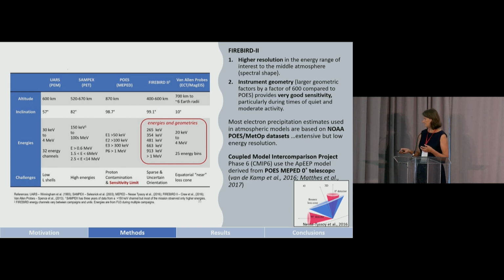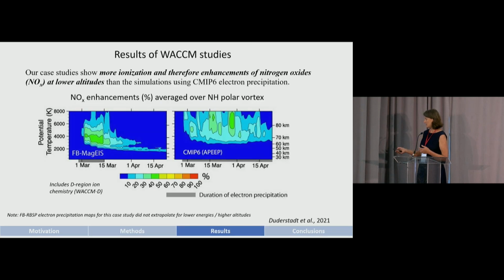The MEPED instruments have both a 0-degree telescope and a 90-degree telescope, and depending on what latitude you're at, one of these telescopes is either in the loss cone or measuring trapped electrons. And so as I mentioned, the CMIP6 models generally use this 0-degree telescope, which is known to underestimate electron precipitation.